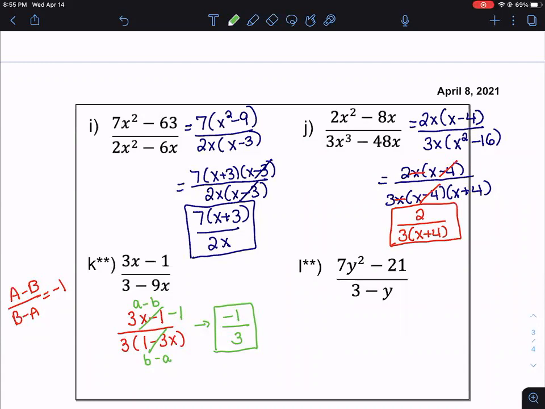Sure, Marianne, go ahead. For letter J, under the 2x, does it matter if I wrote 3x squared on the outside, then parentheses x minus 16? Well, no, because it does matter. 3x squared is not the GCF.